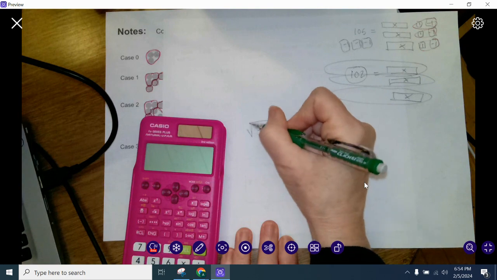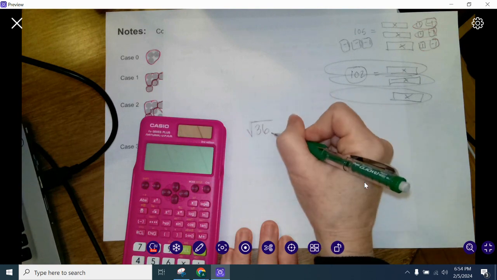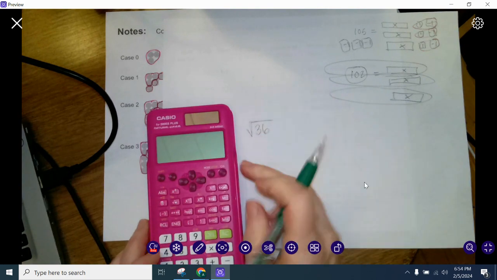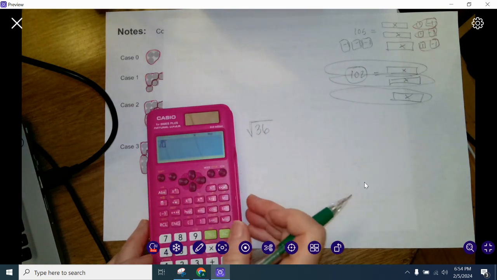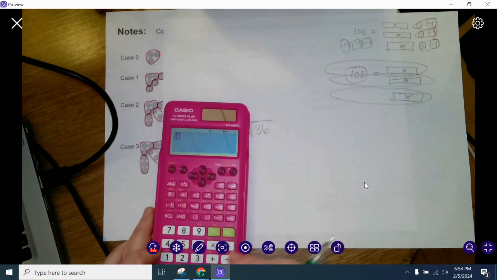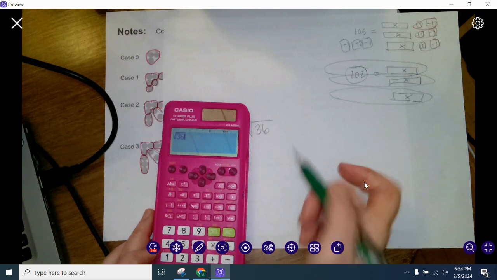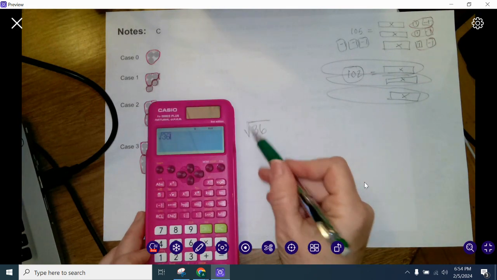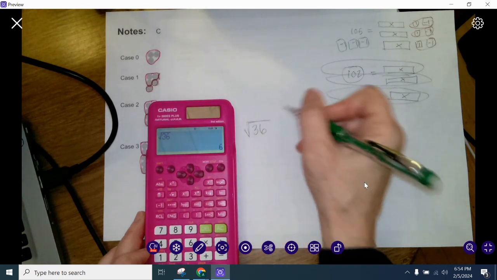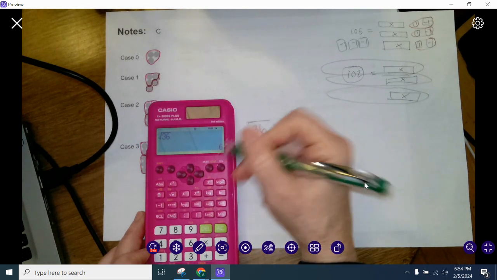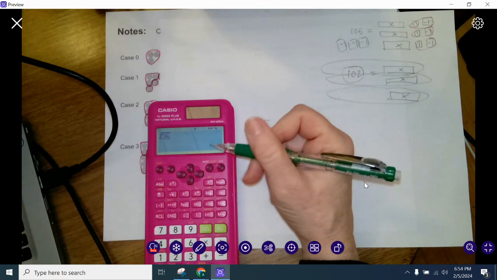On the calculator, there is a symbol. On my calculator, it's just one of my buttons. Then I type in 36, and I hit equals, and it tells me the answer. It equals 6.